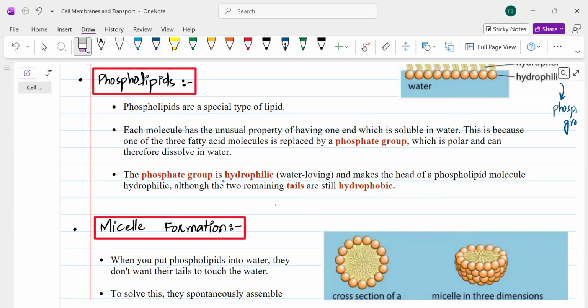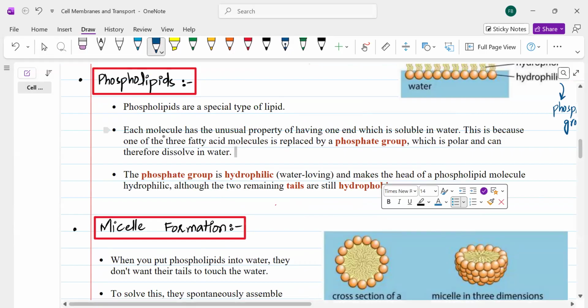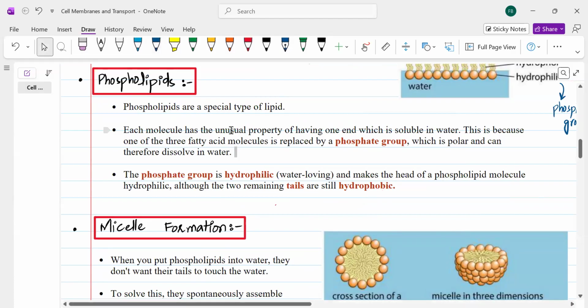So this is what we are discussing over here: each molecule has the unusual property of having one end which is soluble in water. This is because one of the three fatty acid molecules is replaced by a phosphate group. Otherwise, we were having three fatty acid chains. Now in phospholipid, you have just two chains, and on the head part, you have a phosphate group attached. That is polar in nature, and that is why it can dissolve in water, right?